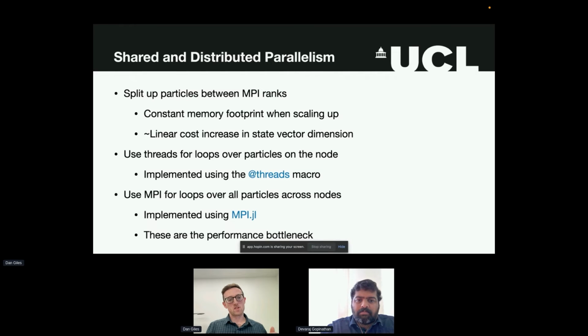From the shared parallelism viewpoint, we can use threads. For particles located on the same MPI rank, we can parallelize them using threads, and this is implemented in Julia using the @threads macro. For MPI, we can loop across the particles in the various nodes, and this is implemented using the MPI Julia package. Again, the communication is where the performance bottleneck will arise.